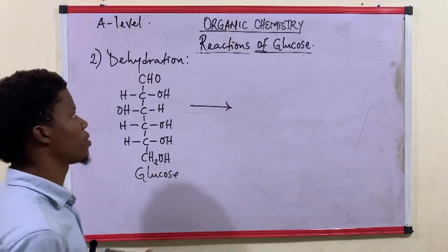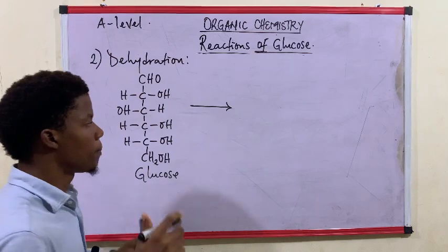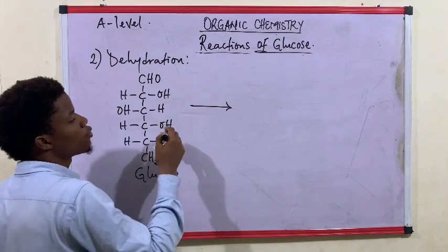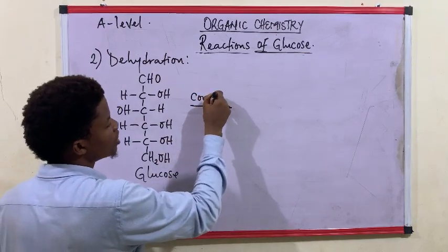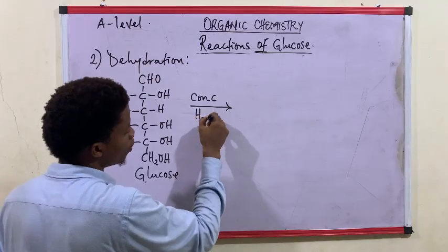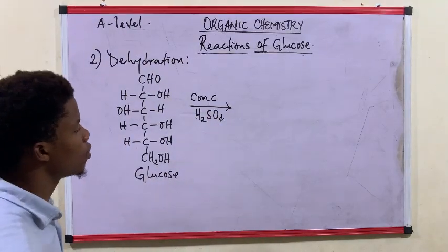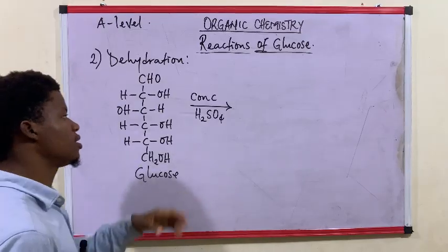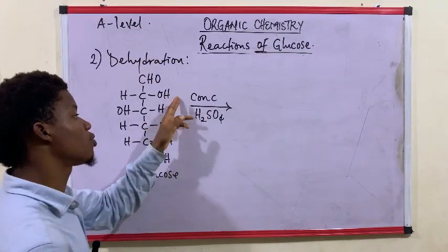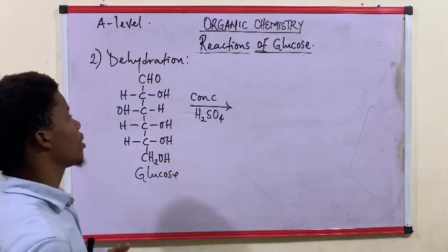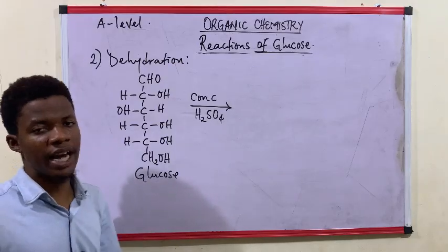Okay, so now the process of dehydration mostly requires the presence of concentrated H2SO4, which is a strong dehydrating agent. All right, conc H2SO4, this word conc here means concentrated. So conc H2SO4 is a strong dehydrating agent.